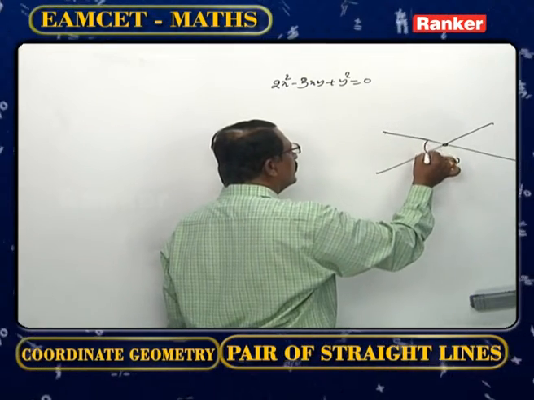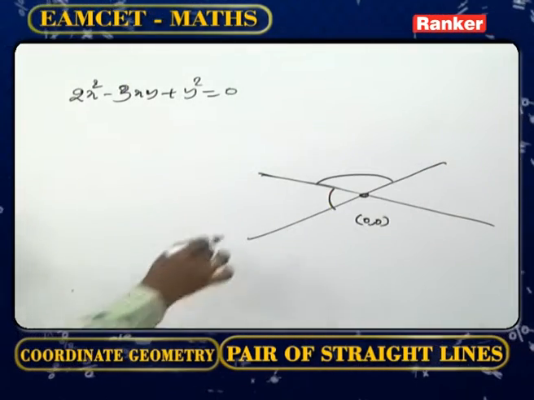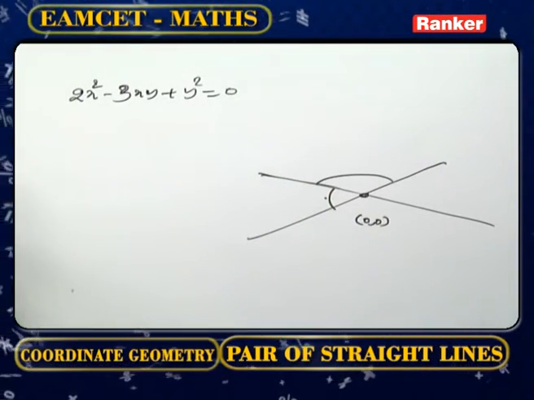Now the angles between the given pair of lines are two. One is an acute angle, the other is an obtuse angle.